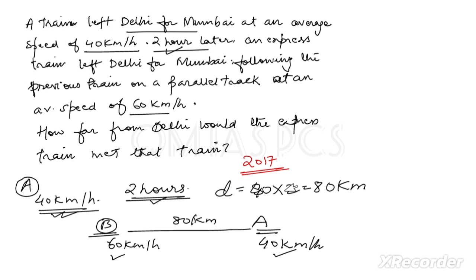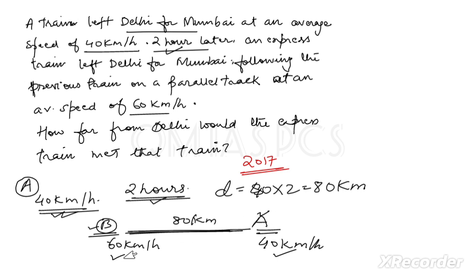This is the same type of question as when a thief is caught by the police. So understand this concept. Obviously the speed of that thief, or the speed of this train, should be less than this one. Now this train has to cover this 80 kilometer distance to overtake A.